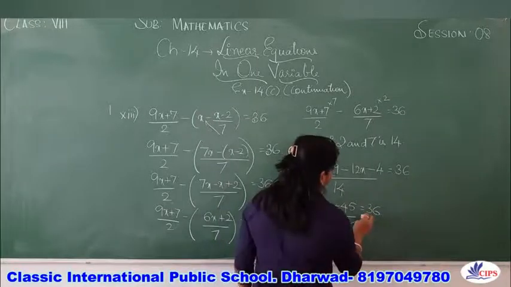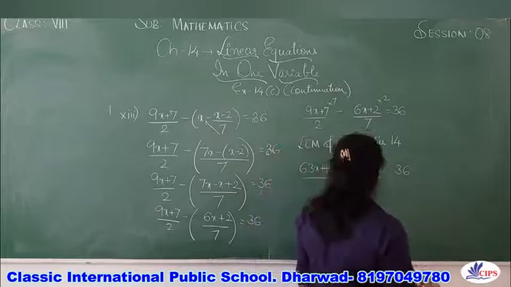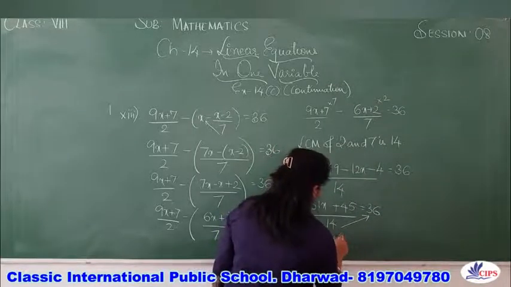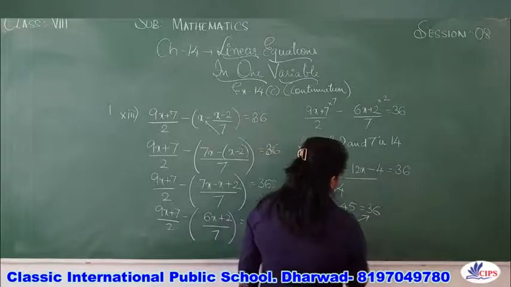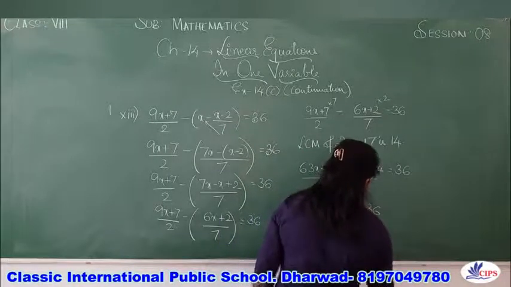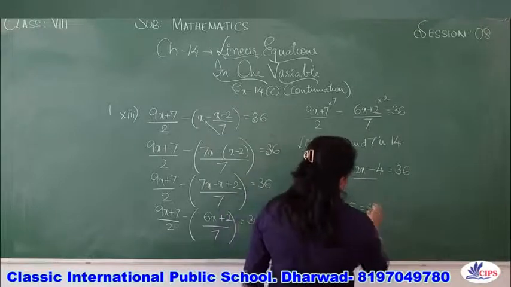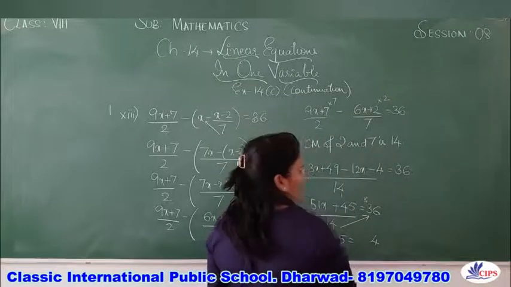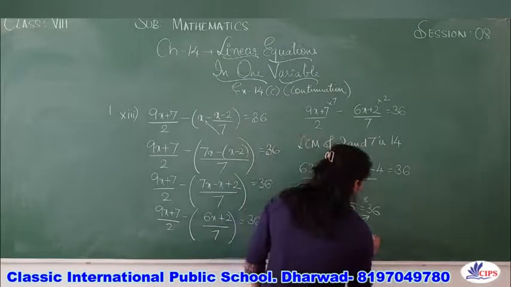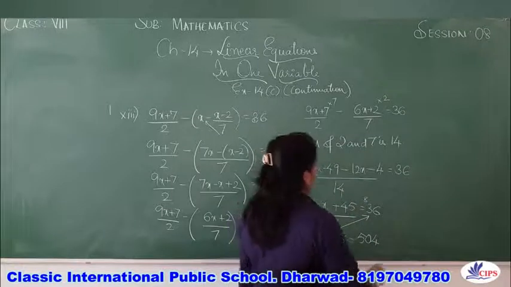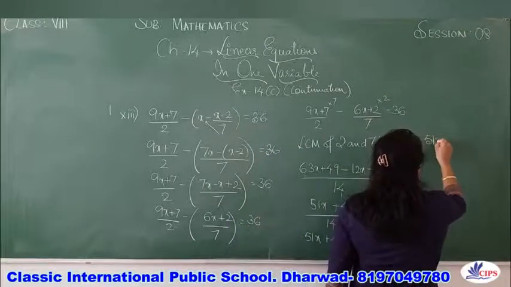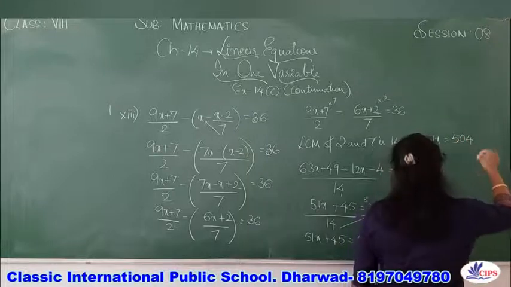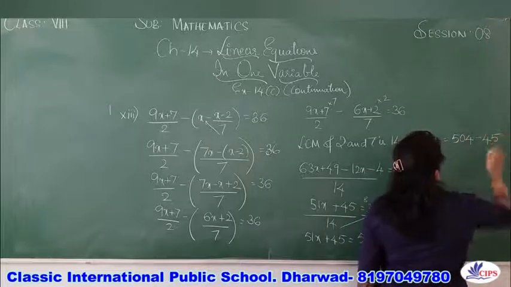Now we will cross multiply this. So what we get? 51x plus 45 equals to, now 14 sixes are 84, then 84, 8 I carry, 14 threes are 42. Then 42 plus 8 will be 50. So we get 504 and now 51x equals to 504 minus 45.